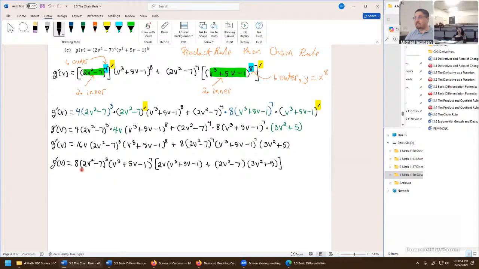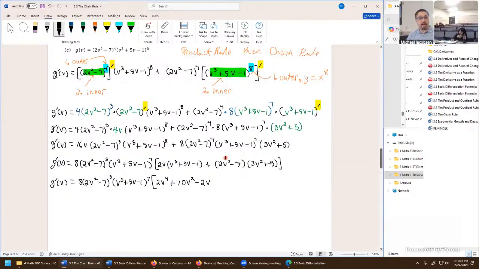Well, let's go to the next line. G prime at v is 8. I'm going to copy all the way to here. 8, 2v squared minus 7 cubed, v cubed plus 5v minus 1 to power 7. Now hit it with the distributive law. We get 2v power 4 plus 10v squared minus 2v.